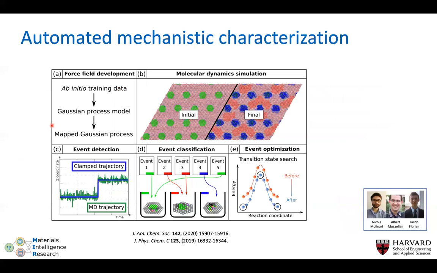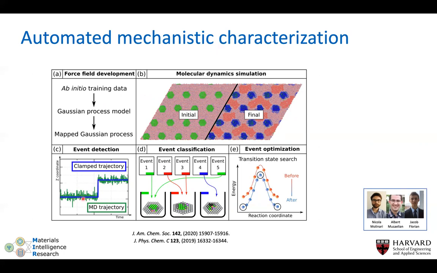In addition to this force field development, we also proposed an automated workflow that allowed us to characterize atomic level events and mechanisms of restructuring events. After we perform MD simulation, we post-process the trajectory where we assign all atoms to discrete lattice sites. That allows us to easily detect whenever the Z coordinate of any atom has undergone a change, and this means that a restructuring event has happened.